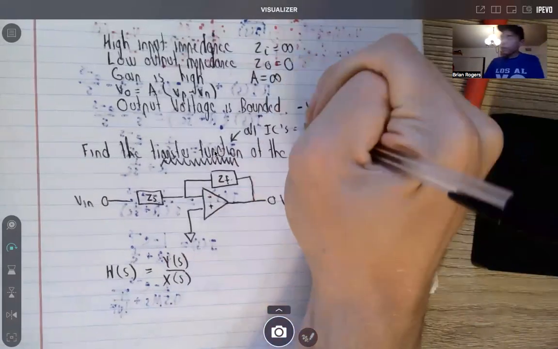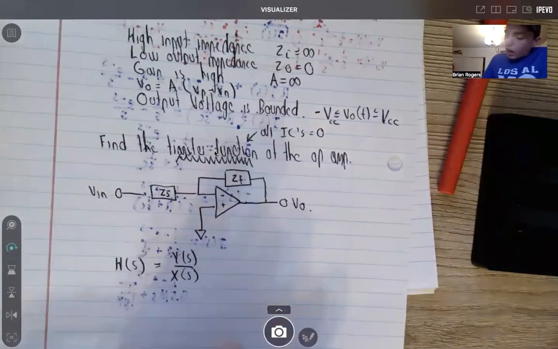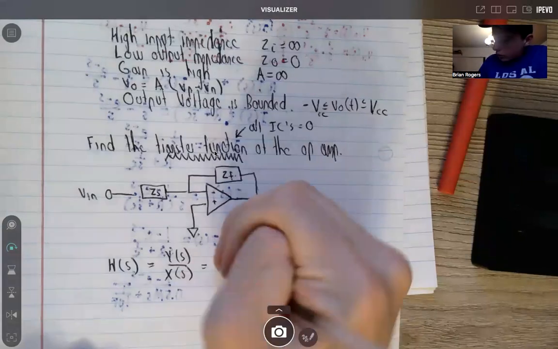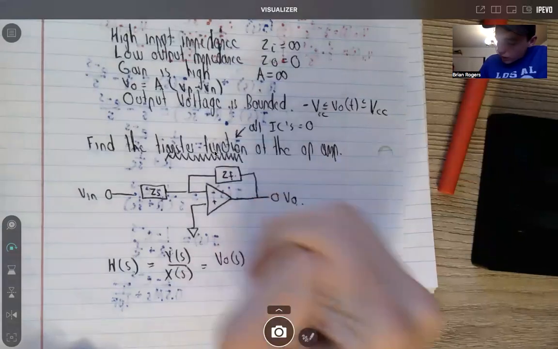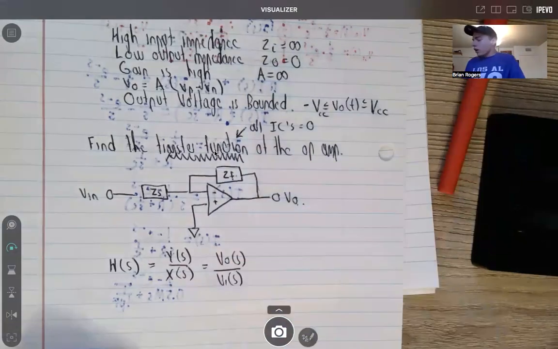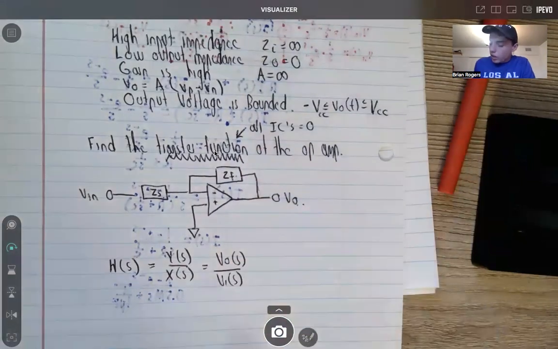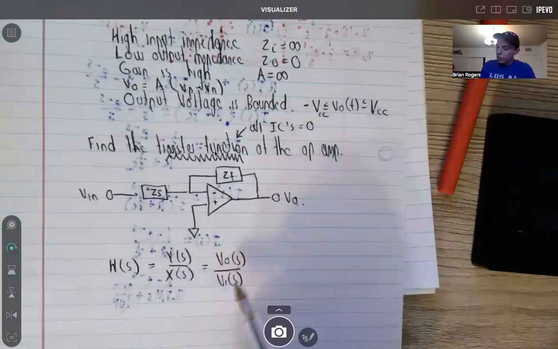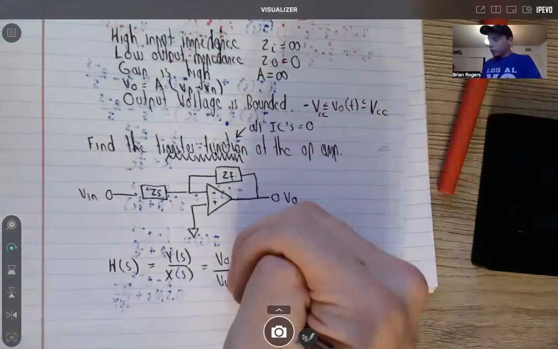So here we have the output over the input, V out of S all over V in of S. And what we're going to notice is how can we get an equation for the output voltage over the input voltage?